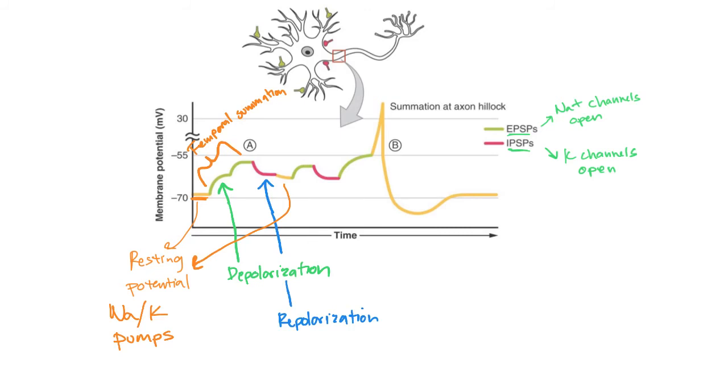And this one, I think it's harder to show, but you have a greater increase over about the same amount of time. So we can assume this is spatial summation. Where two of them occurred at different points at the same time. So like this one and this one.